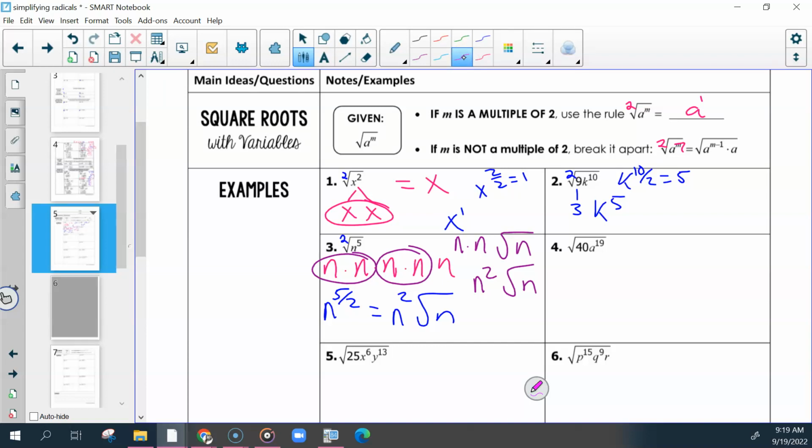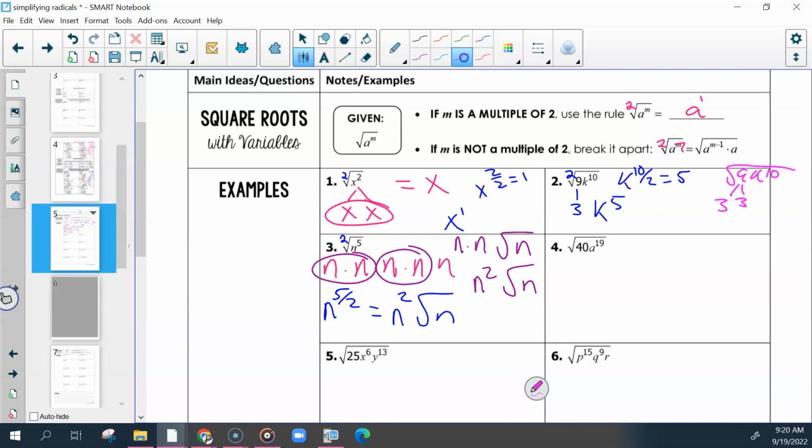Now, I'm going to go back and do this with the factor tree method. That way you have both and you see them. So if I were breaking this down, I know 9 is 3 and 3.